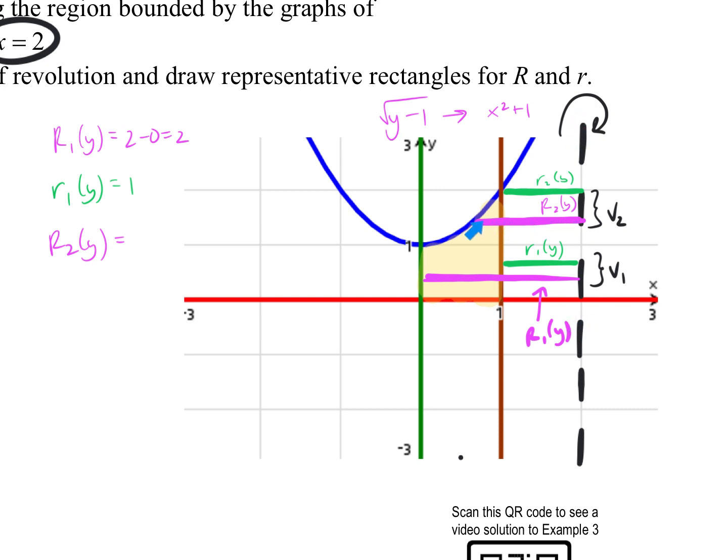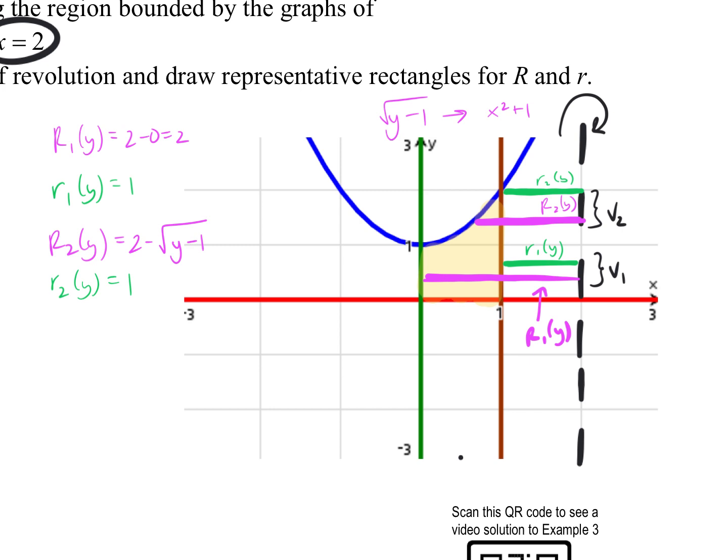And then I'm going to this value. So it's going to be 2 minus the square root of y minus 1. Or when you're thinking about doing your horizontal slices, it's the farthest right to the farthest left, okay, instead of top or bottom. Make sense? Okay, and then little r2, that's just the same thing, right? Little r2 of y is still 1. That didn't change.